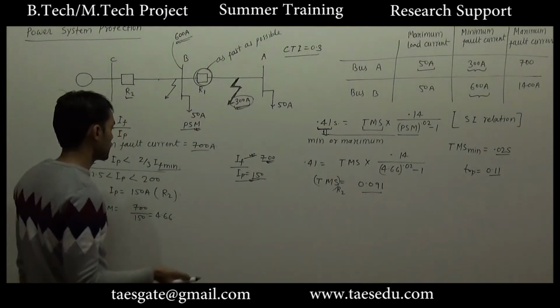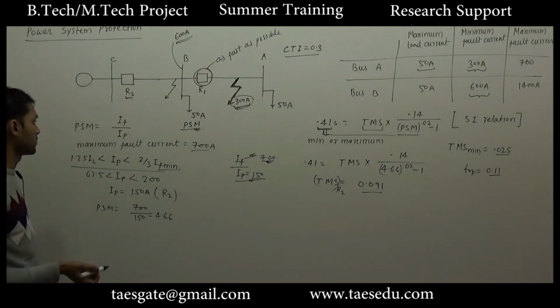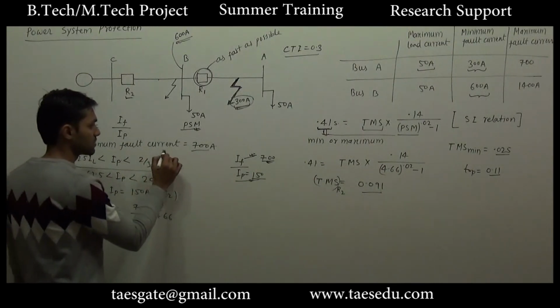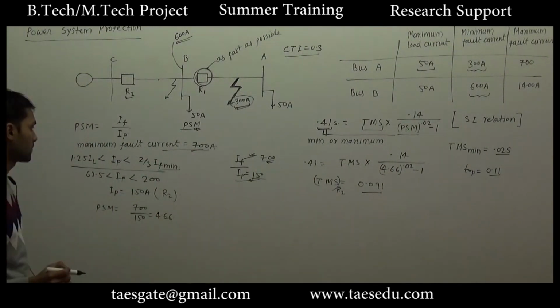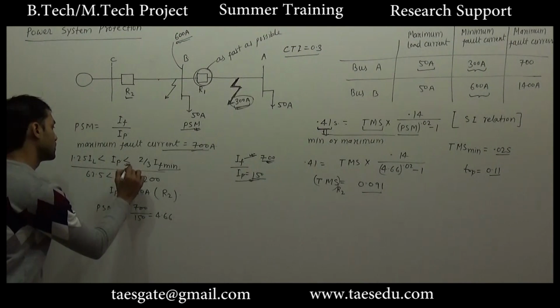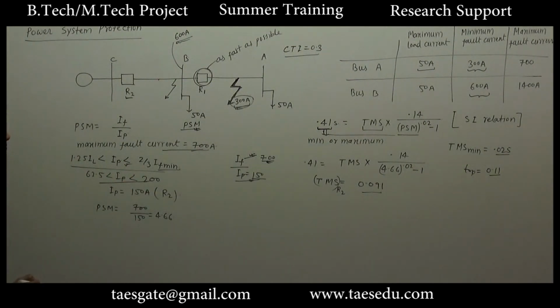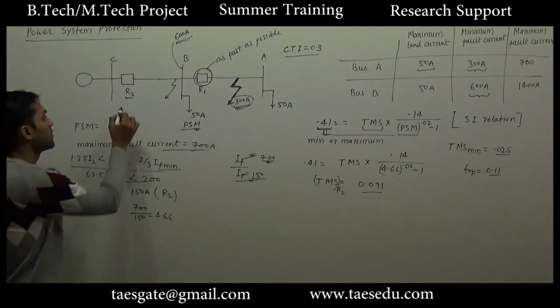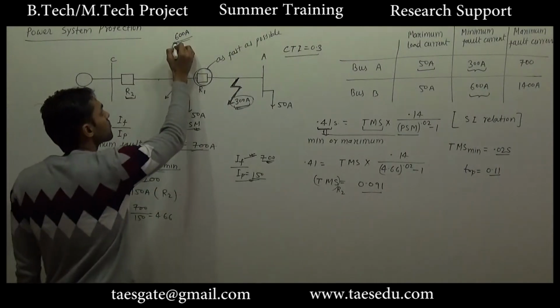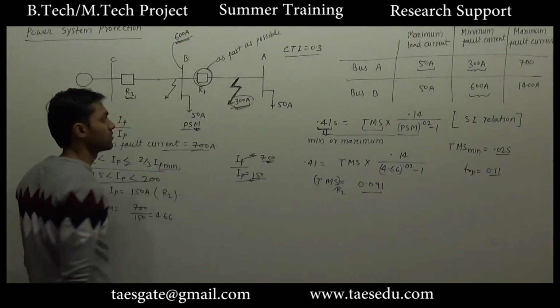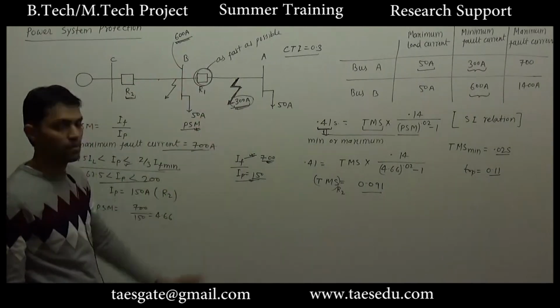For calculating the PSM, again I will have to consider the maximum fault current, 700 ampere. IP can be found out with this range. The minimum fault current even for this relay will be the minimum of 600 and 300.